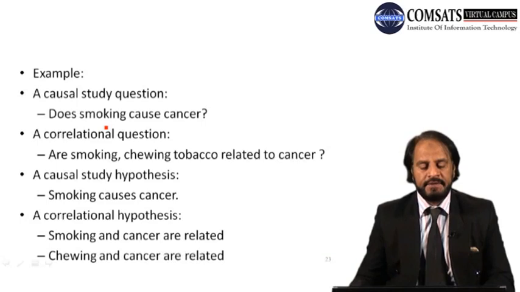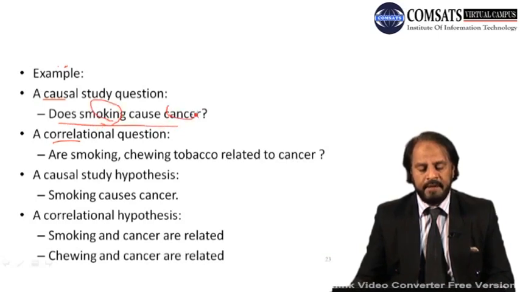So the difference between the causal and the correlation questions is that here your question is, does smoking cause cancer? So you're focused on smoking and cancer here. On the other hand, in a correlation study, we're saying smoking, chewing, tobacco are related.